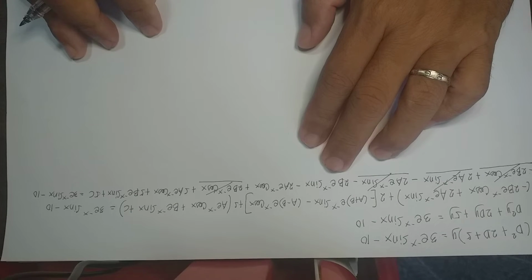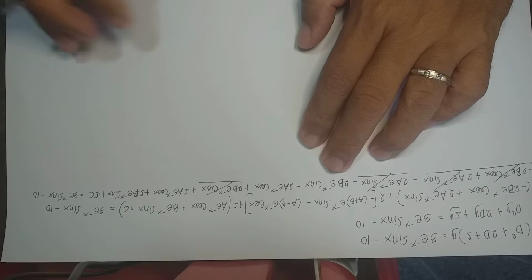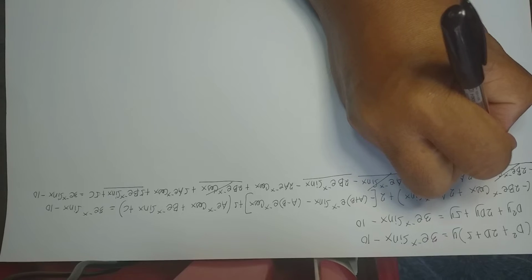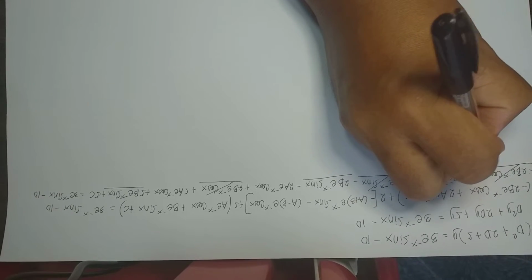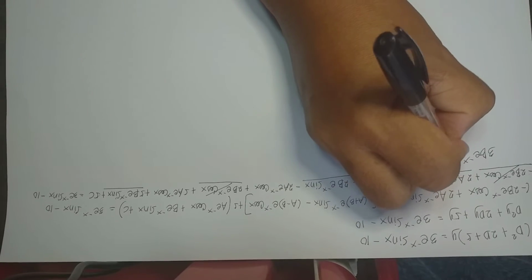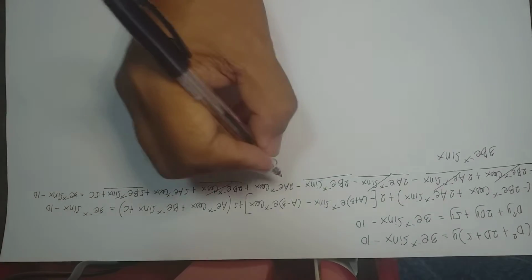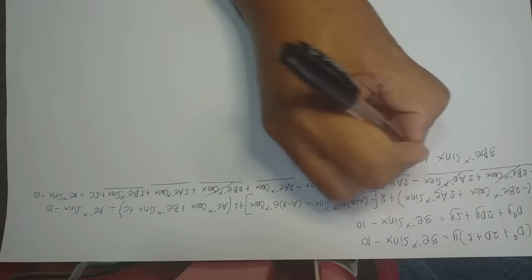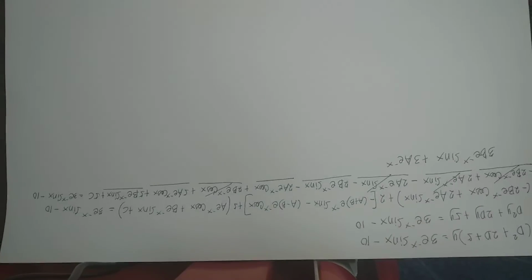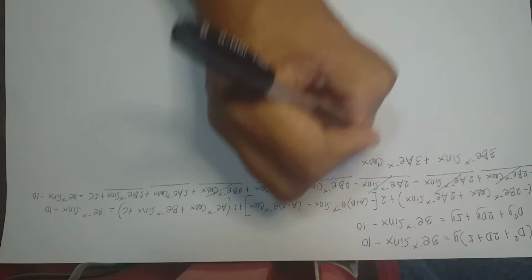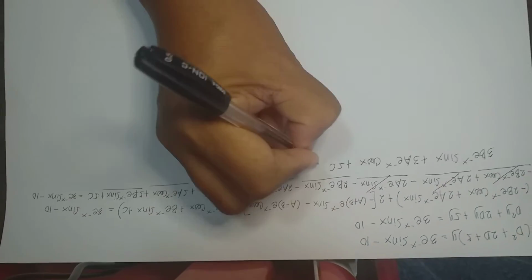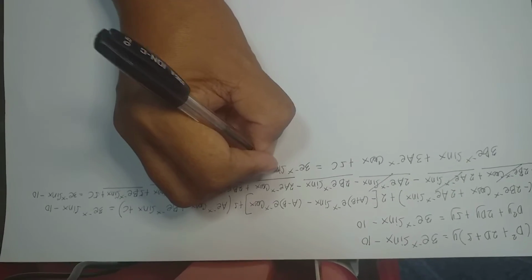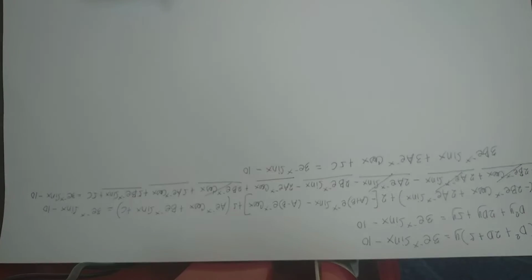So, we have negative 2be to the negative x sine x, and this one gives us 3be to the negative x sine x. Then this 2 here and here, so we have plus 3ae to the negative x cosine x plus 5c is equal to 3e to the negative x sine x minus 10.